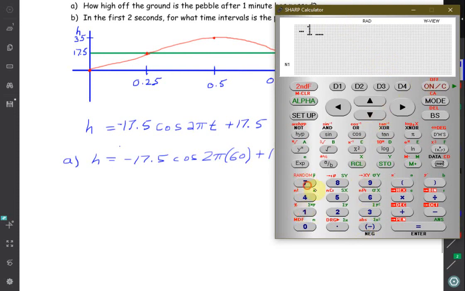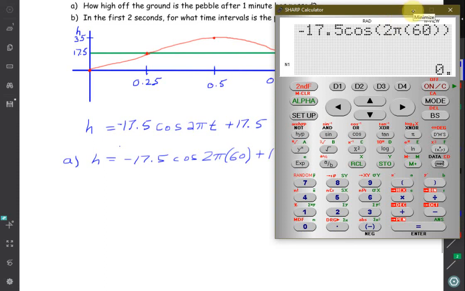Minus 17.5 cos of 2 pi times 60, and then plus 17.5. And that gives us 0.